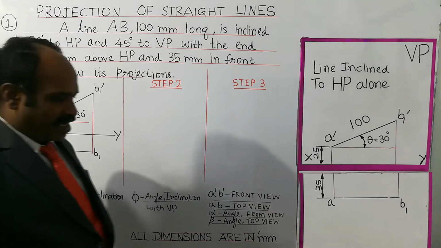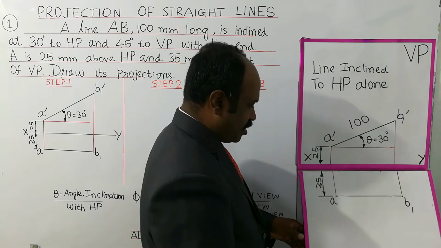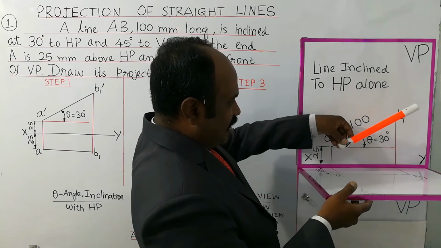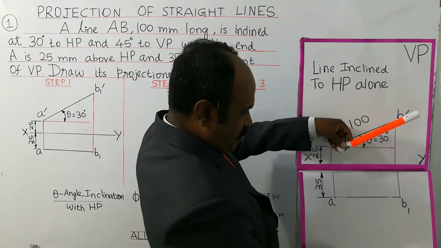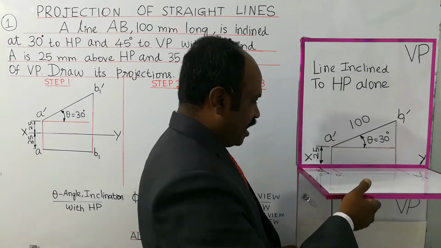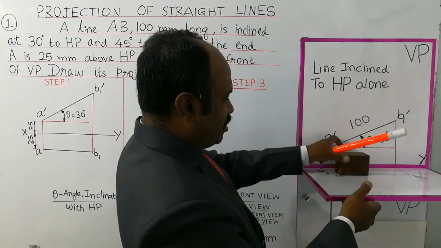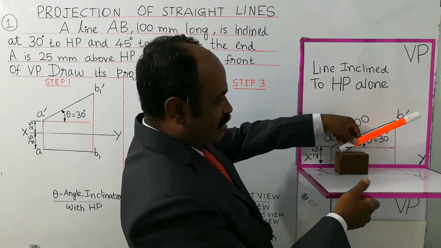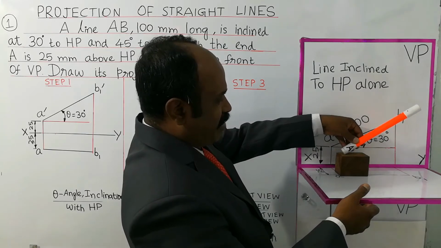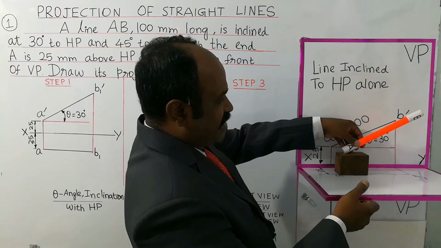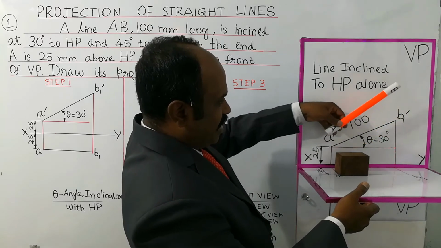As you can recall, the line was kept like this initially, at a height of 25 mm above HP. One end of the line, A, is located, one end point. This is as previously shown, and this is the end point A, another end point is B. It's projected on the vertical plane as A dash and B1 dash.